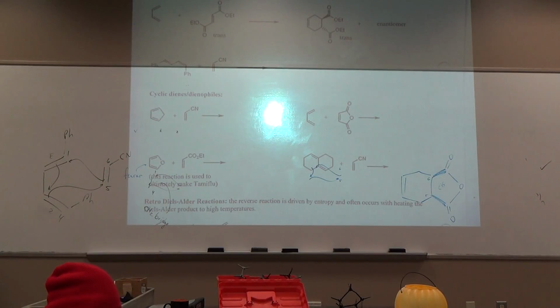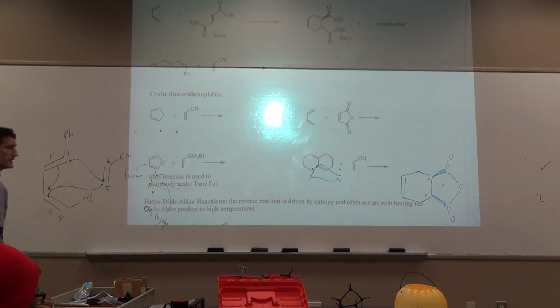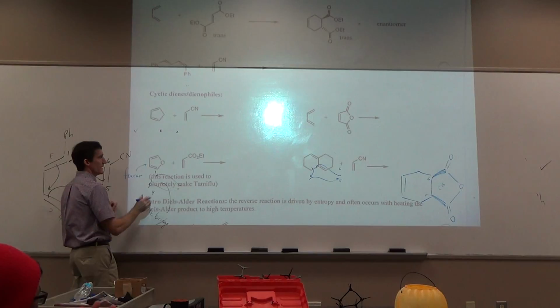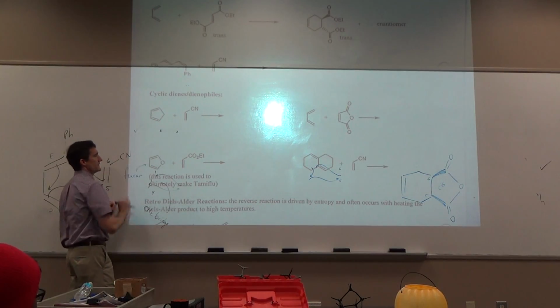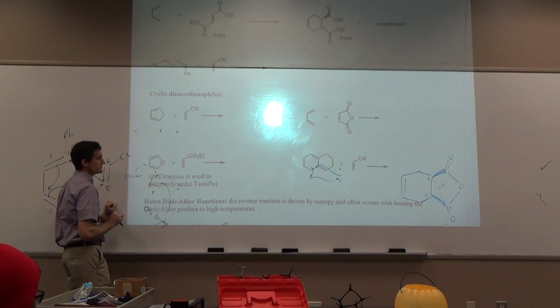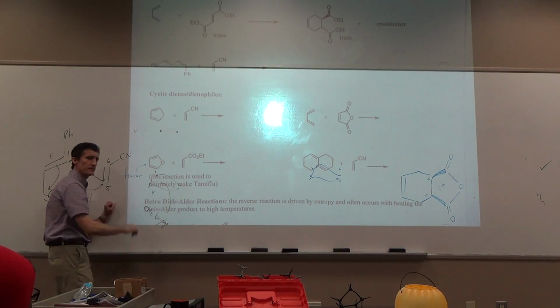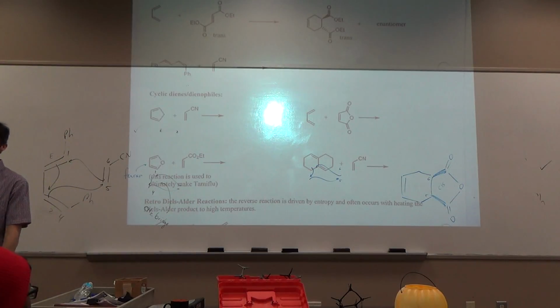But furan will react as a diene. Okay? It will react as a diene, analogous to this up here. Show the product there. Just forget about the bridge, draw it in at the end.